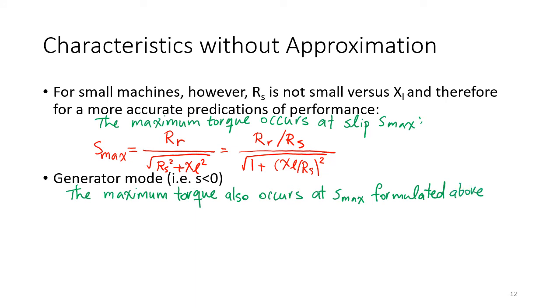But remember that, notice S is less than 0 for generator mode.